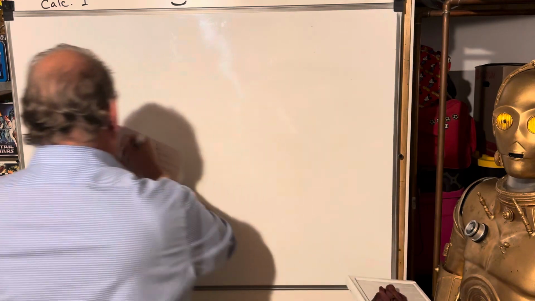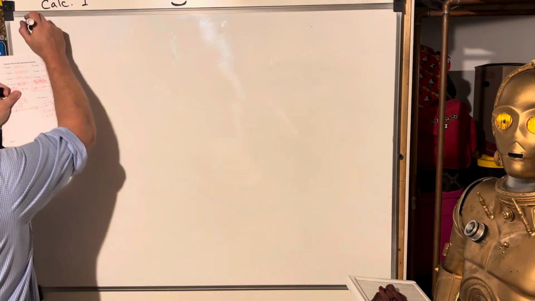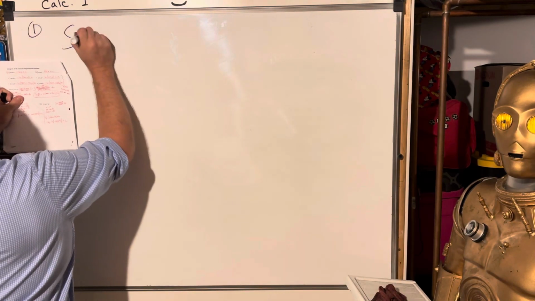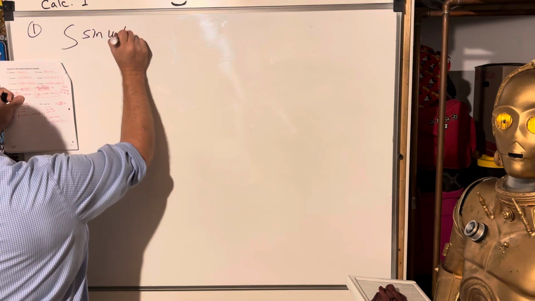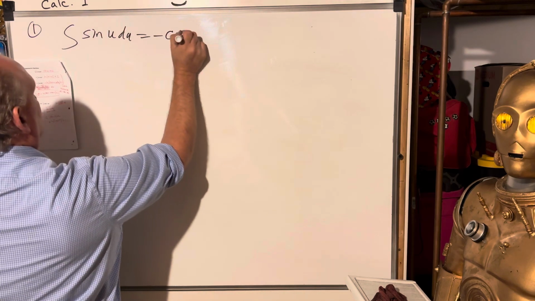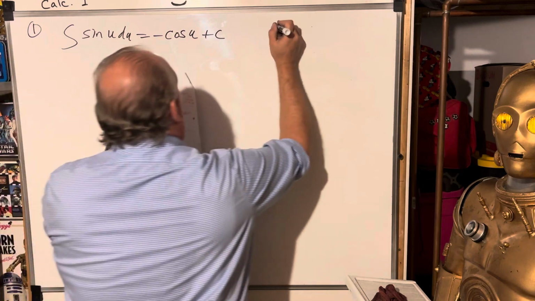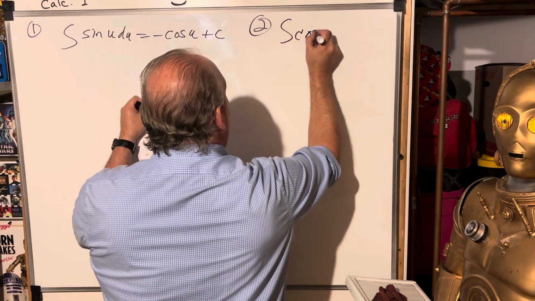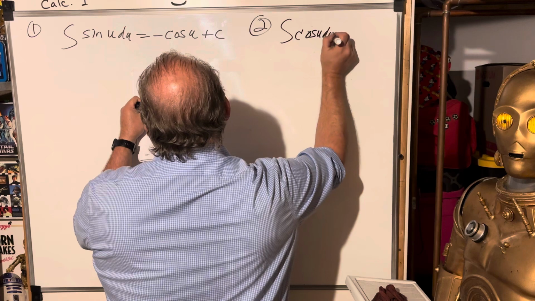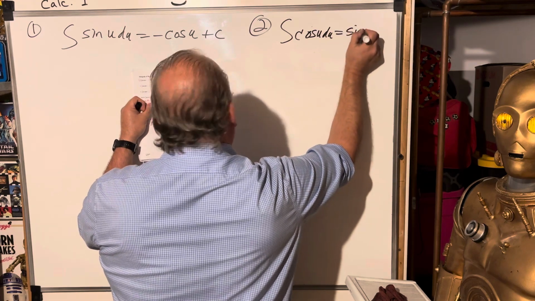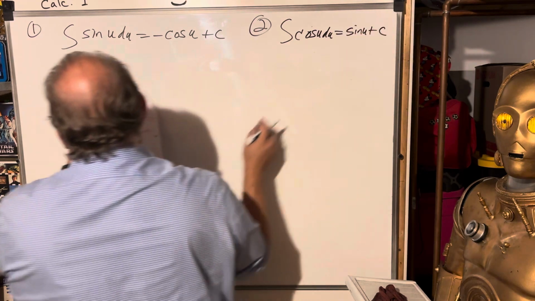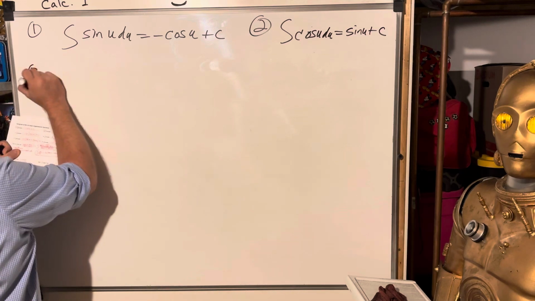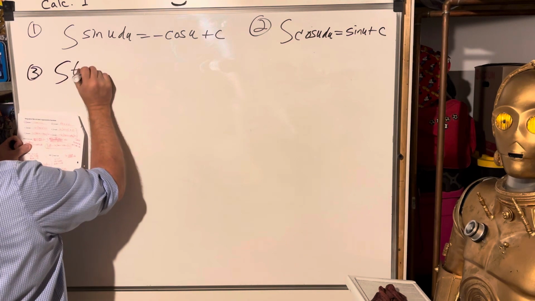So let's take a look. Top of page 34. 1, you should know the integral of sine u du is equal to negative cosine u plus c. And number 2, you should definitely know the integral of cosine u du is sine u plus c. So those you should know. These, not so much. You don't have to worry about it.